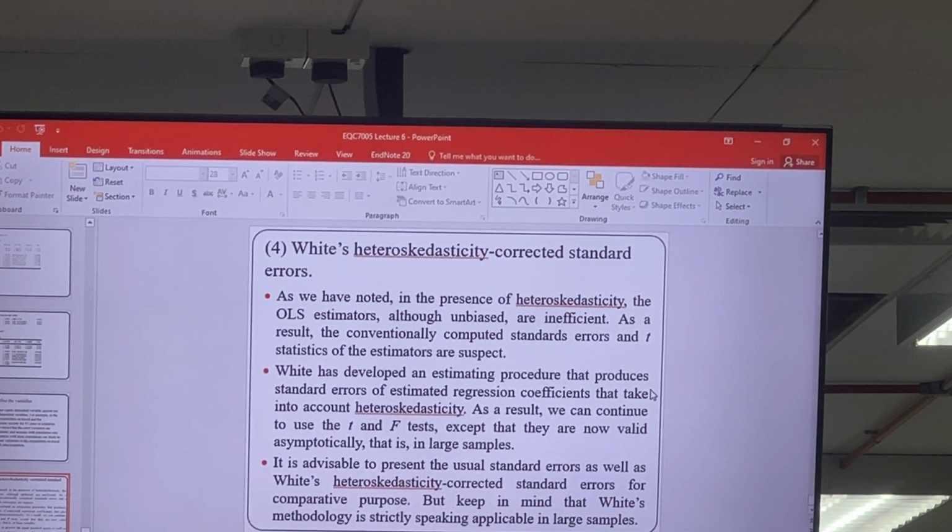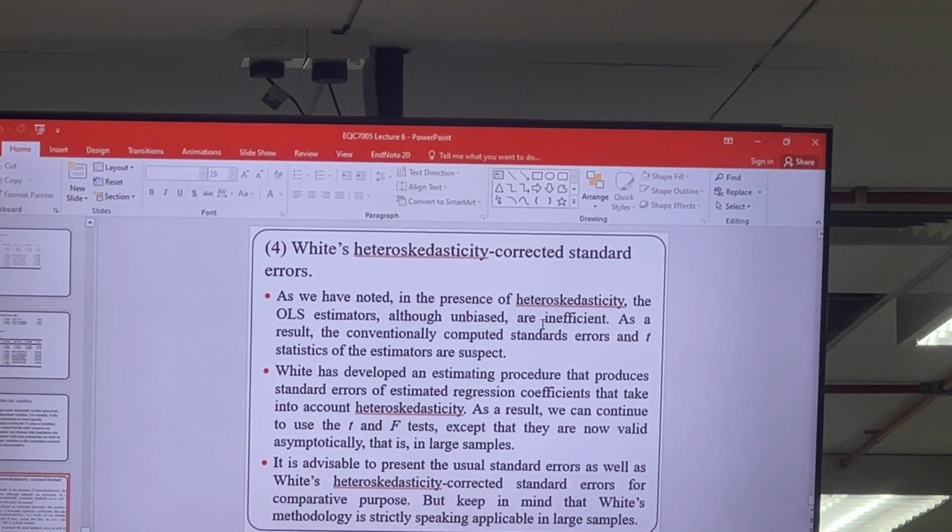Although the average of all possible estimates is equal to the true value, it is no longer efficient, meaning that it affects the variance of the estimator. As a result, the conventionally computed standard errors and t statistics of the estimator are suspect. White has developed an estimating procedure that produces standard errors of the estimated regression coefficients that take into account heteroscedasticity.